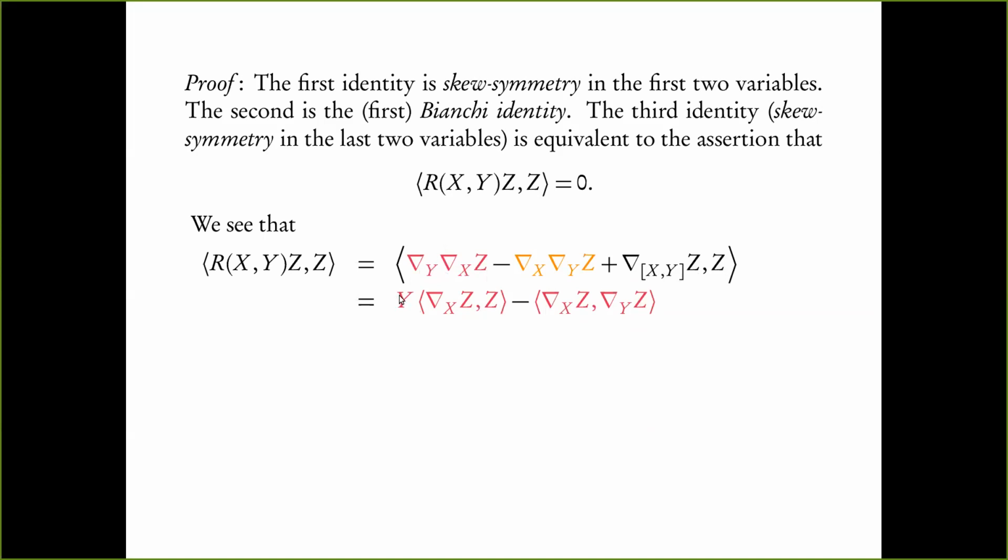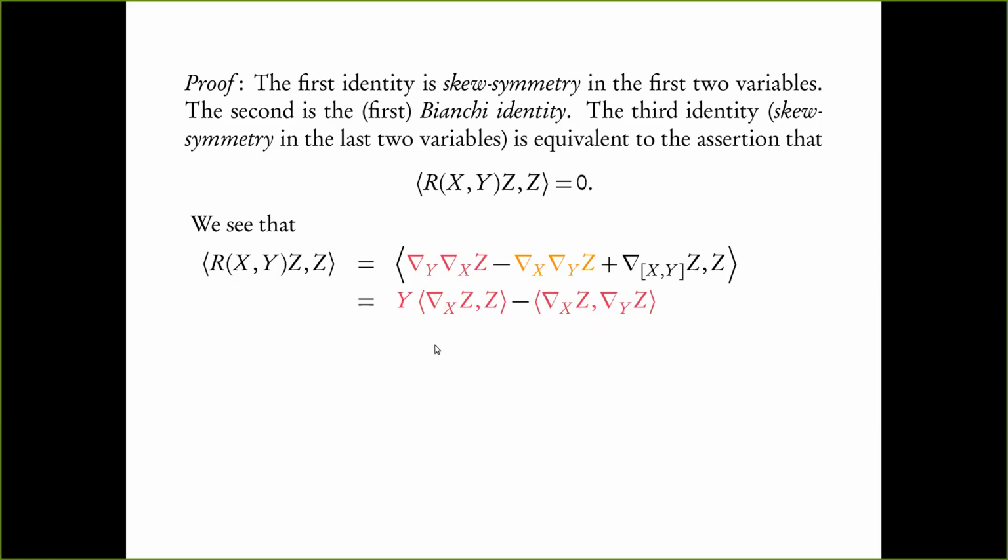So that's equivalent to saying I look at the product of the two vector fields, nabla x z and z. This is now a function. Y acts on a function simply by directional derivative. Metric compatibility says that this quantity, when I expand, is this plus this quantity, because then nabla y is going to act on the second vector because it has already acted on the first vector that has resulted in the first red term.